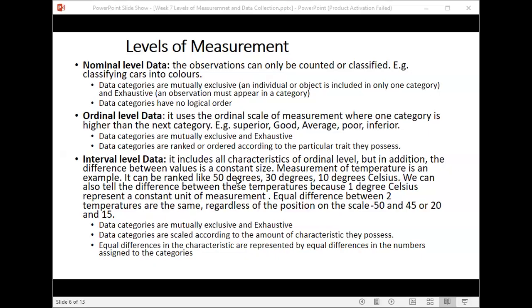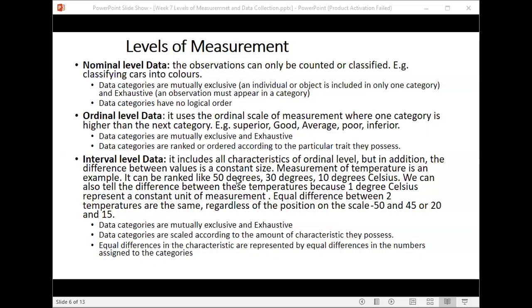Now, what makes it different and makes it a higher level of data is that the reason why we can tell the difference between 50 degrees and 30 degrees, as one being hotter than the other, is that every degree represents a constant measurement. So 1 degree measures a certain kind of hotness or coldness. 2 degrees, 3 degrees are all understandable. We can understand that because every constant unit of measurement is understandable.